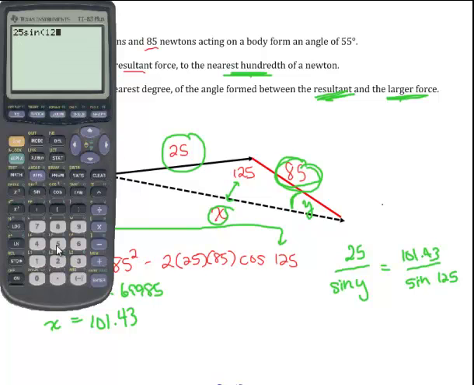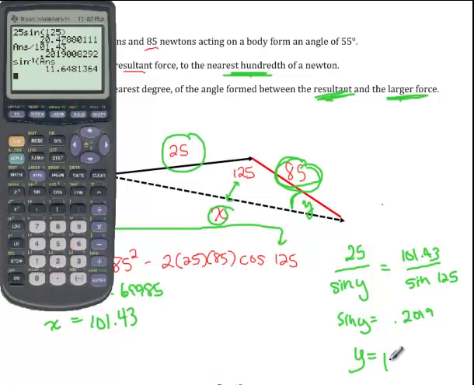Sine 125 divided by 101.43 gives me the sine of my angle that I'm looking for. So I have to inverse sine that. So that angle is a whopping 12 degrees.